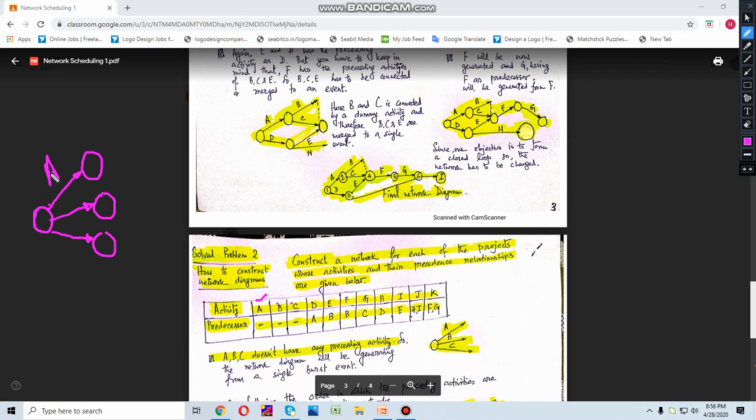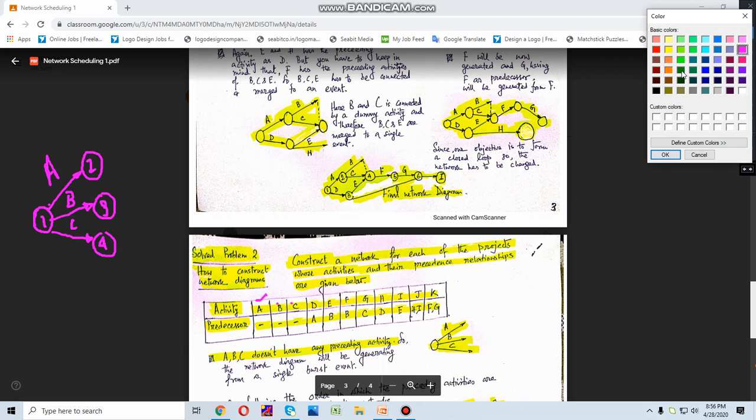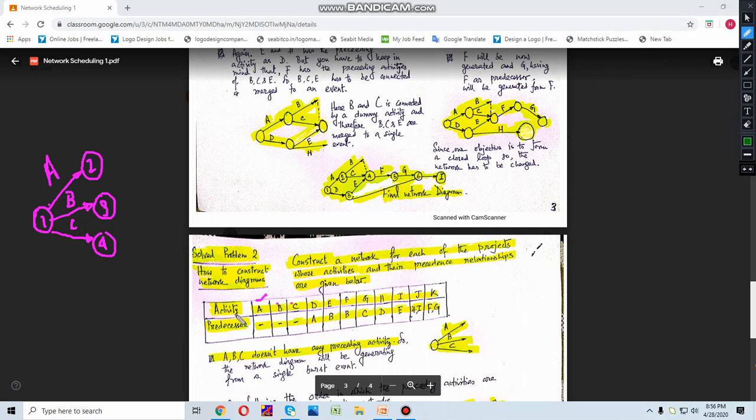So let us just write A, B and C. So I am just doing it now. 2, 3, and 4. Okay, now see, this activity D has been generated from A. How do you understand it?